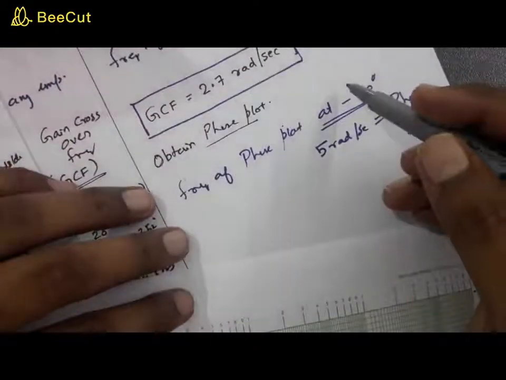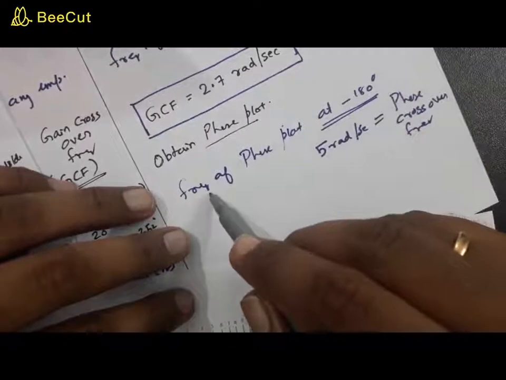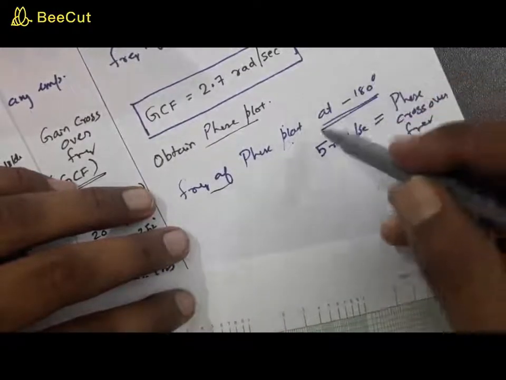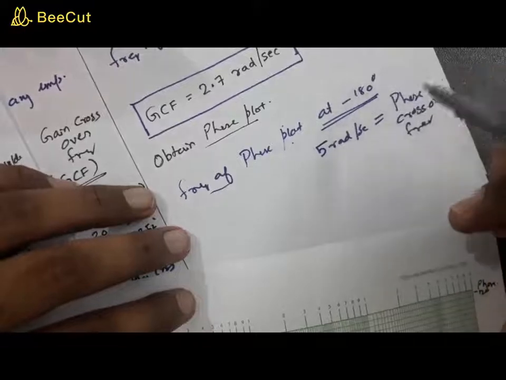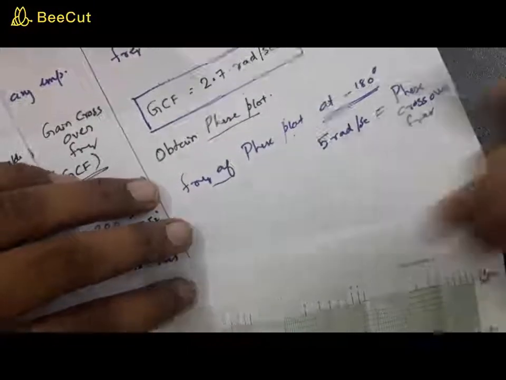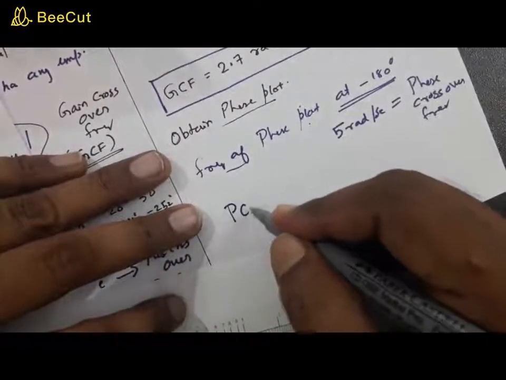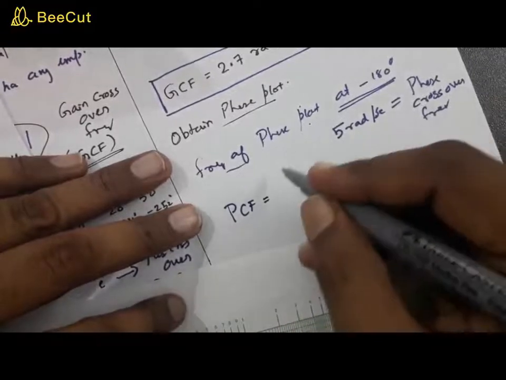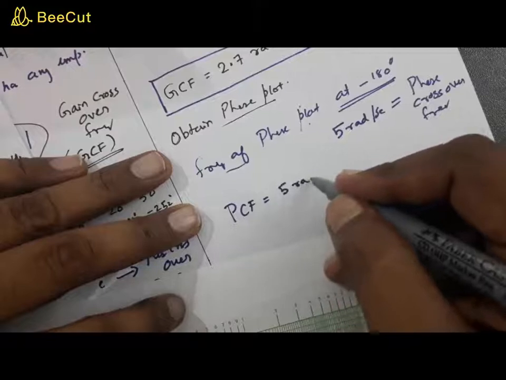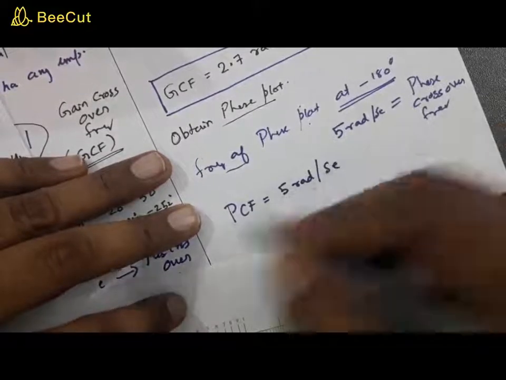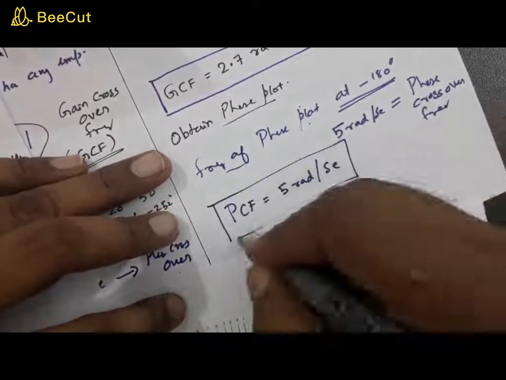So when you come to the definition, you should write it is the frequency of the phase plot which crosses the minus 180 degree line, and that is called the phase crossover frequency, or PCF, equal to 5 radians per second. Okay, this is it.